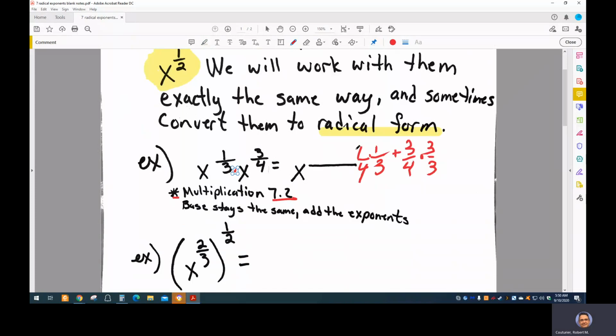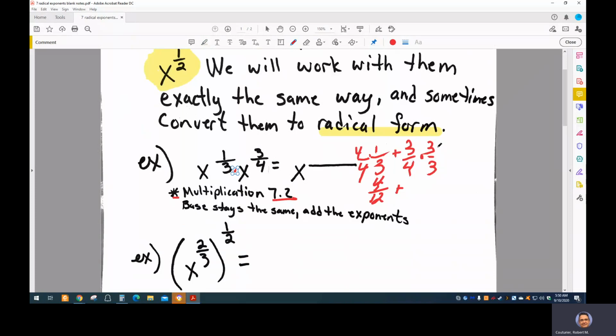Okay, so 4/4 times 1/3 plus 3/4 times 3/3. Notice it's 1, it's 1. Let's do this. Well, 4 times 1 is going to be 4/12.